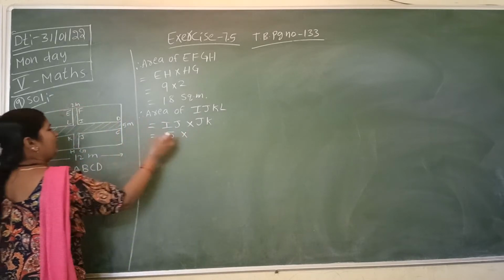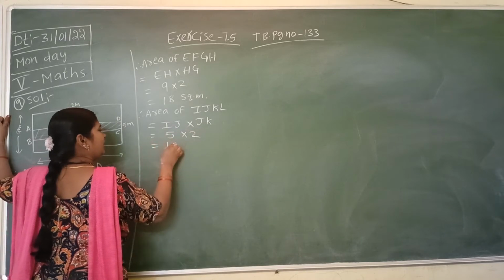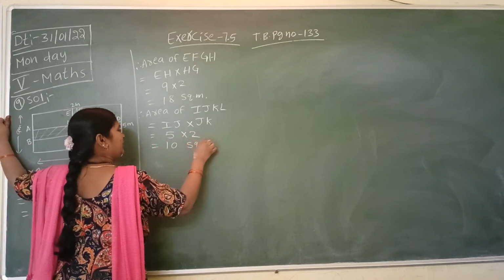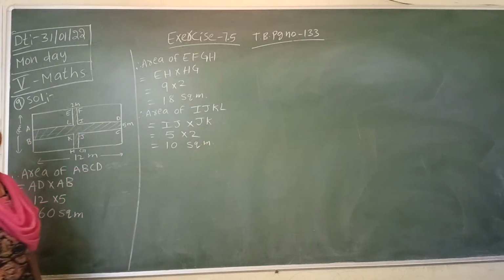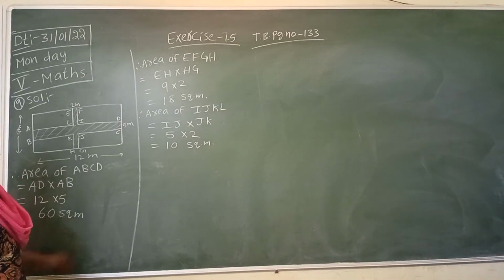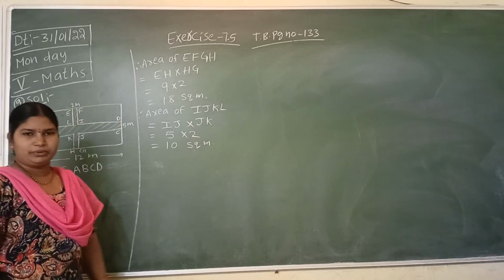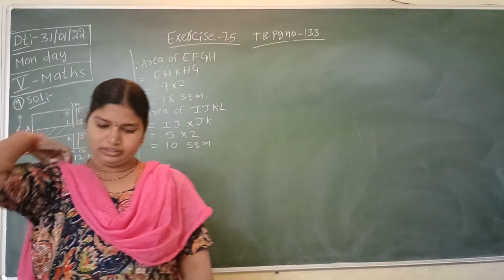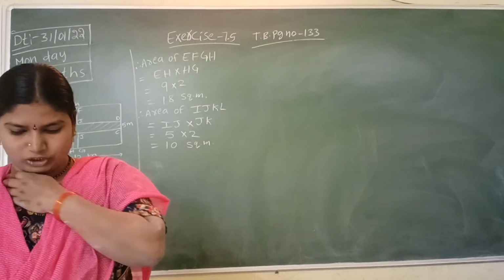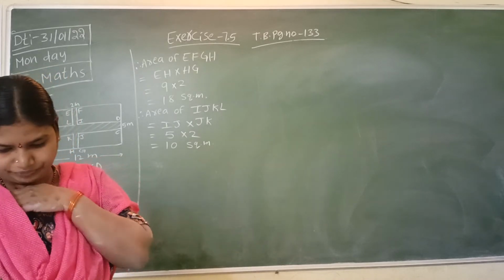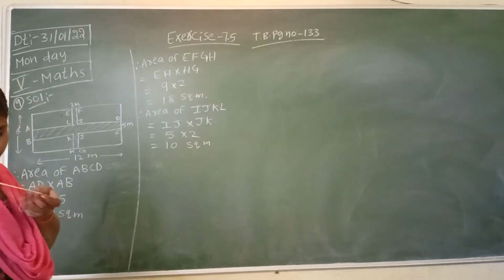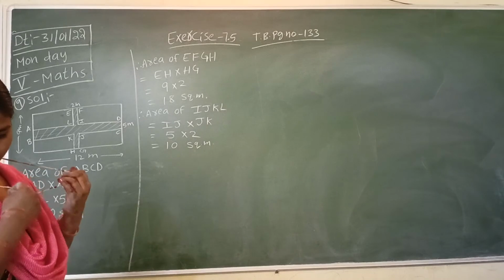And here to here, JK is 2. 5 2s are 10. Meter into meter becomes square meter. Okay. Now we want to find the area of the total of this one. Okay, what do we have to find out? The area of the jogging track, this one.